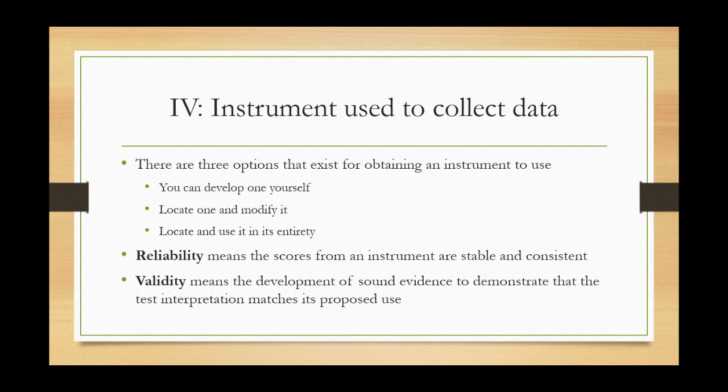Also, these scores need to be consistent. When an individual answers, let's say, a certain question in one way, then the individual should consistently answer closely related questions in the same way. That is what we call reliability. Reliability means the scores from the instruments should be stable and should be consistent.